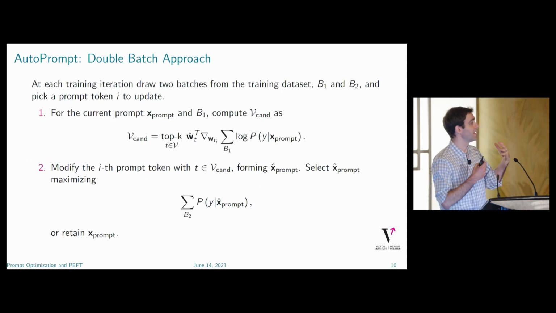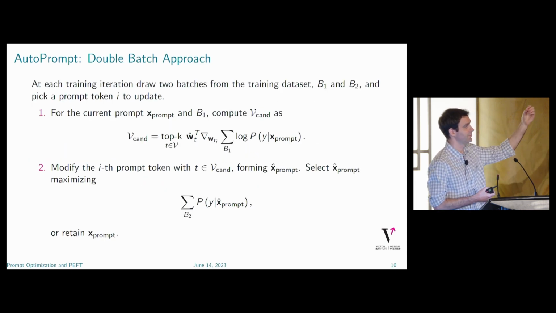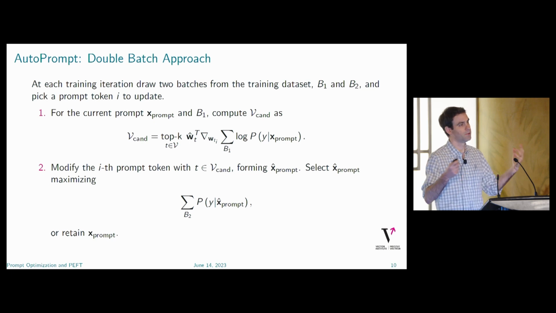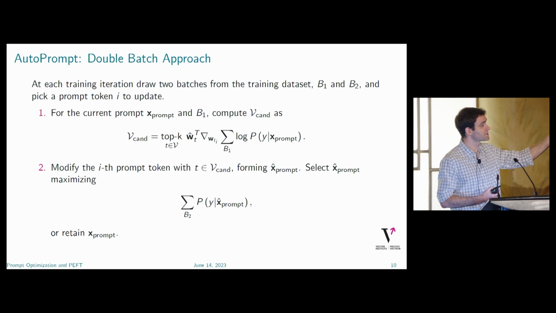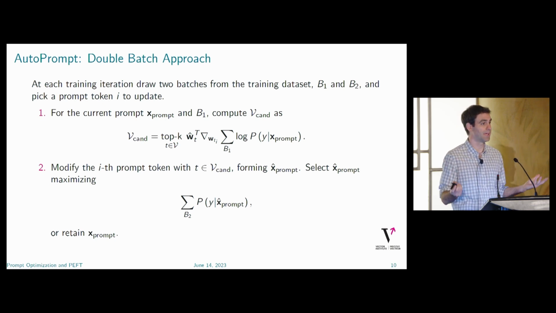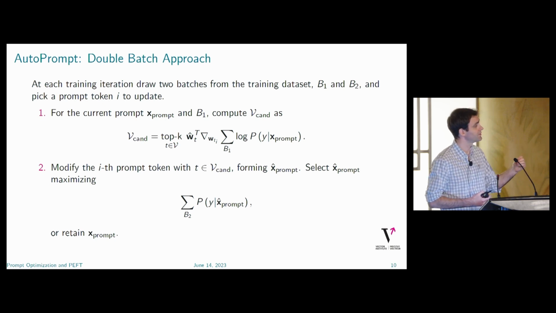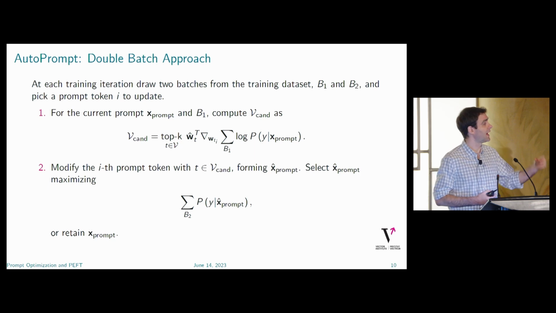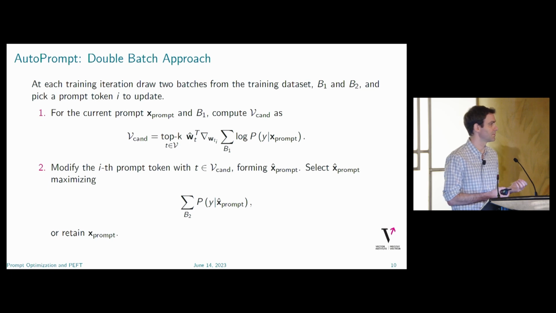And so the way they do this and evaluate it is they take a double batch approach. So you have a bunch of training examples, you select 2 batches instead of 1. The first batch allows you to compute those top k candidates with the directional derivatives associated with that batch. And then the second batch is used to score those candidates, and you take the candidate that provides the best performance on the batch that you've selected in the second round.